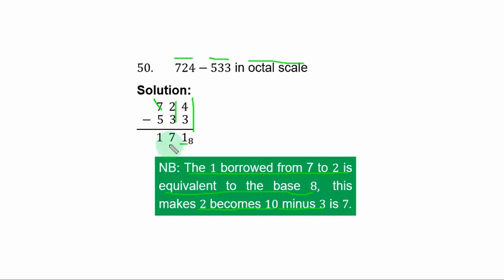So here is 7. You are left with 6 here because you borrowed 1 out of it. 6 minus 5 is 1. So you note that anytime you borrow, that 1 is equivalent to the base you are working with. Take note of that. Very, very important.